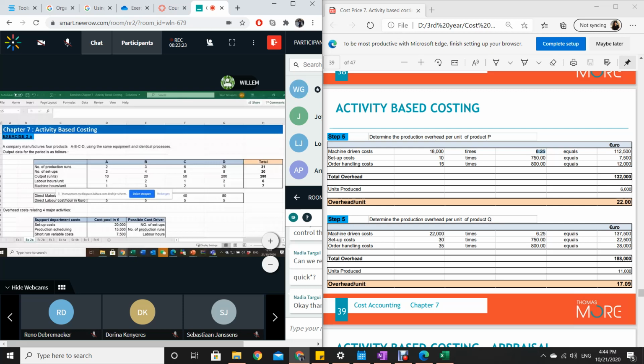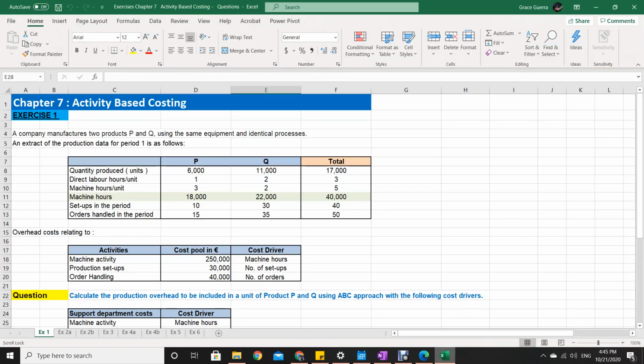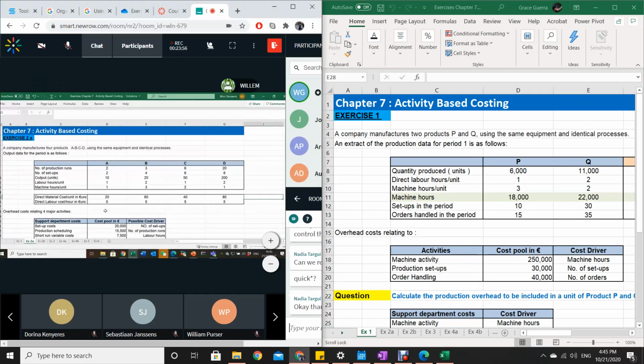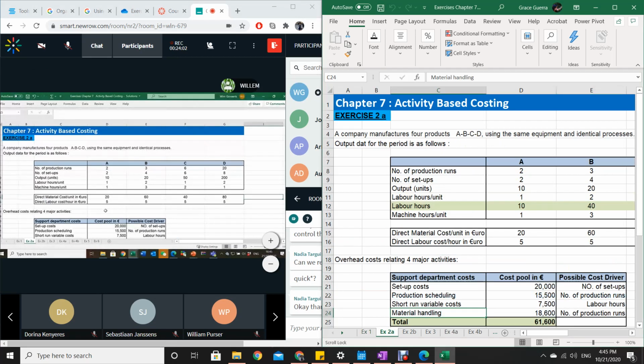You can also go, of course, to the exercises you have downloaded. We are now in exercise 2A. I suggest that you start working on it yourself first, and then we can control it together. Okay?